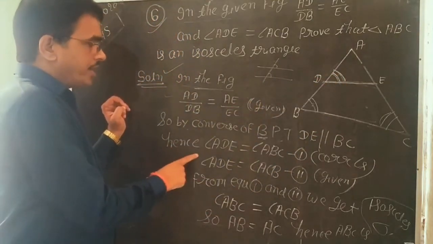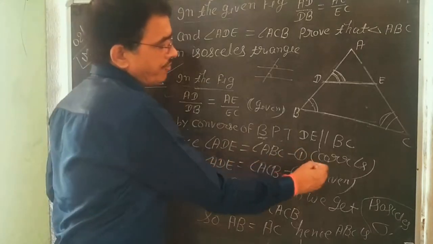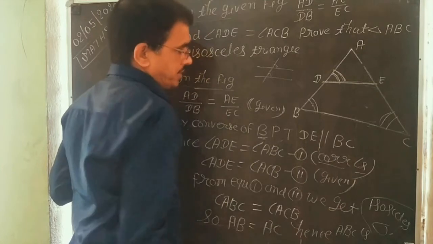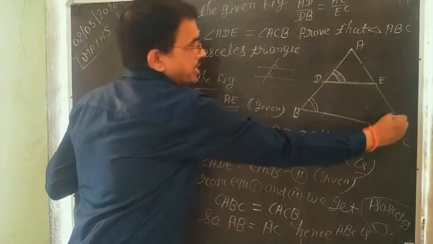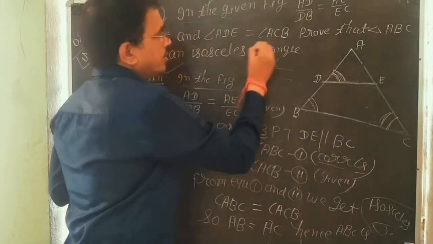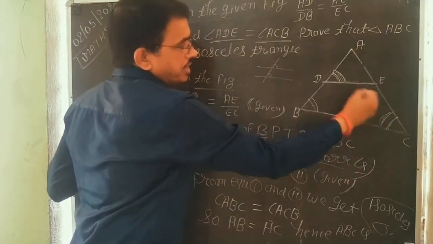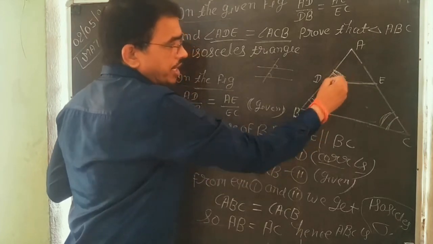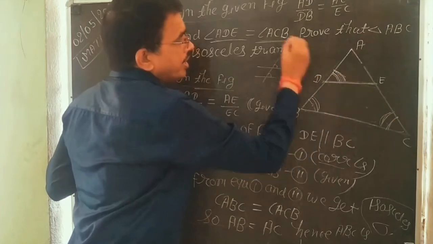Hence angle ADE is equal to angle ABC, equation first, by corresponding angles, and angle ADE is equal to angle ACB, given in your question.